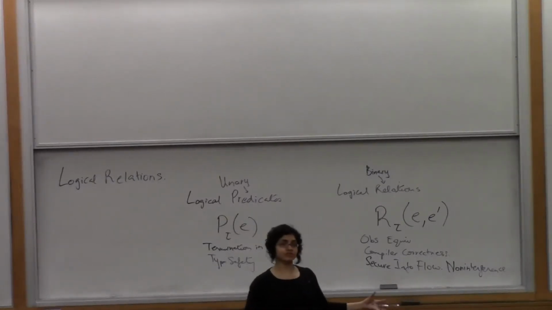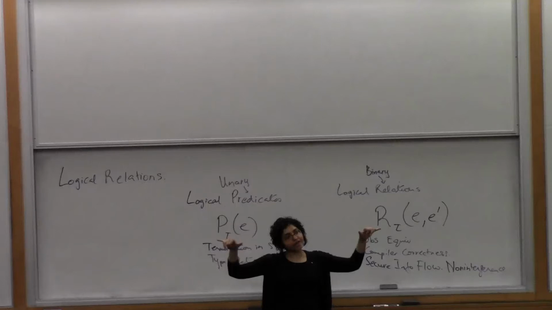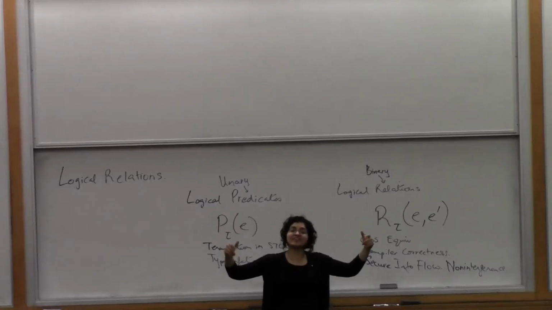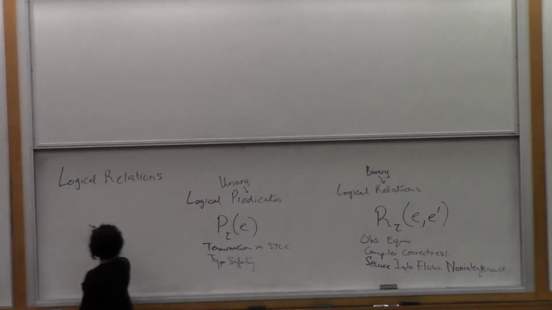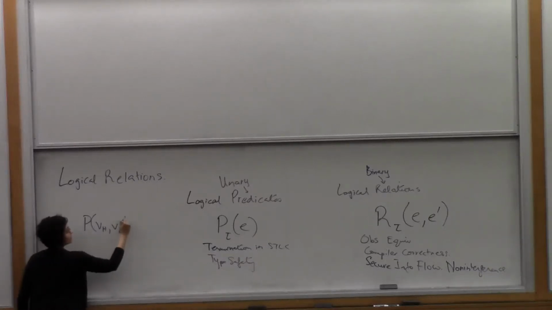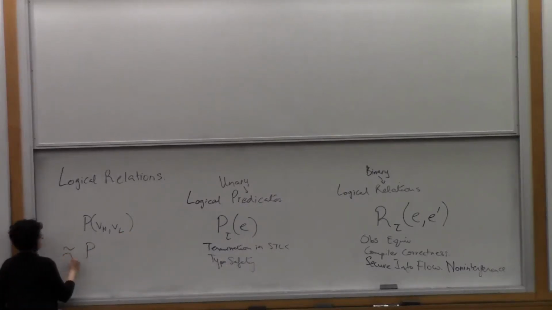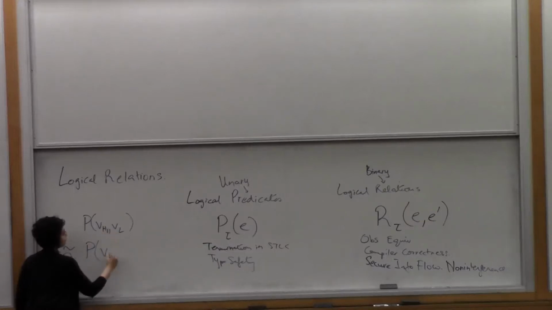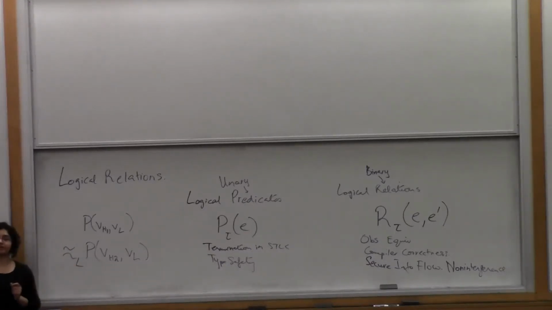The non-interference theorem says that if you have a program P that takes a high security input and a low security input, you can run it with a different high security input and the same low security input, and you have to get the same low security outputs.